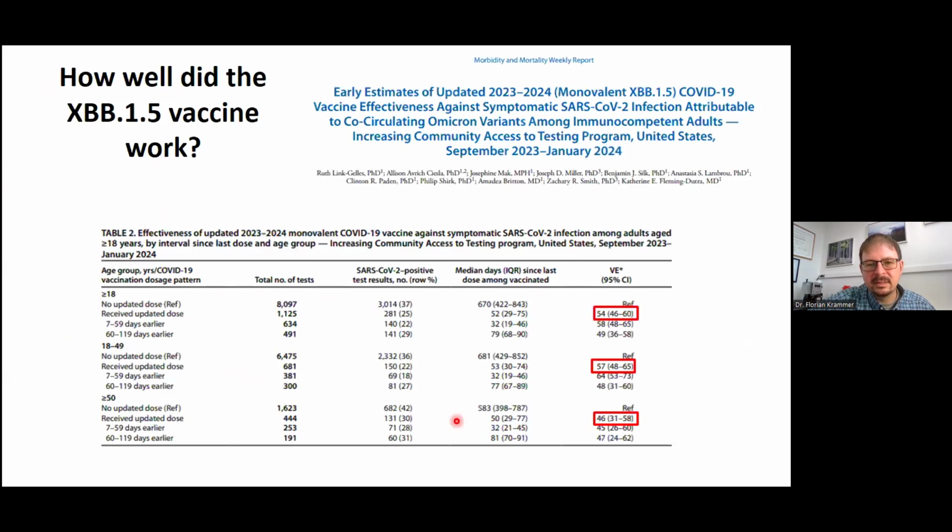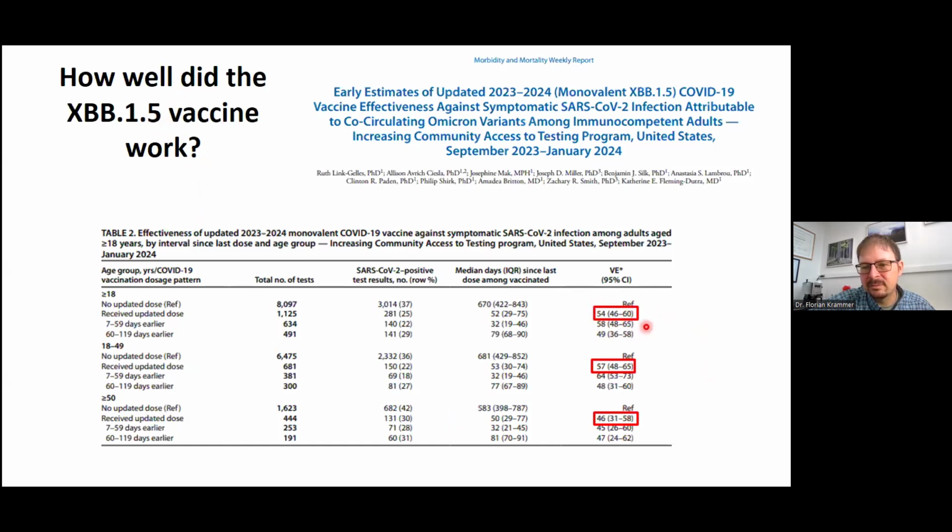And so what the CDC is doing on a regular basis now, and actually I hope the report for the current vaccine is coming out soon, they look at vaccine effectiveness. So how well do these vaccines work, right? And so they studied that for XBB.1.5. And what you can see here is the vaccine effectiveness for the XBB.1.5 vaccine from last year.